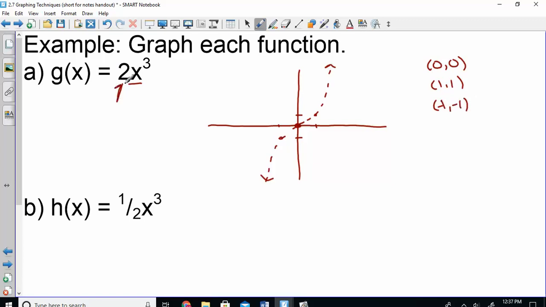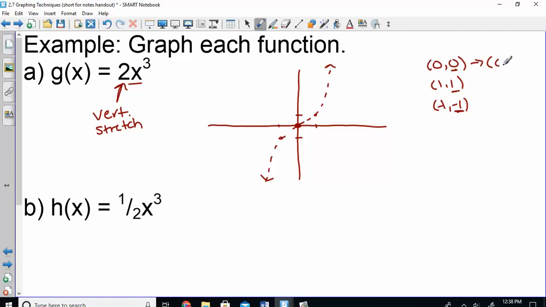This 2, it's on the outside. Outside changes y, okay? And it does what we think. So it is a vertical stretch. What that means, it's like taking each of these y values and multiplying by 2.